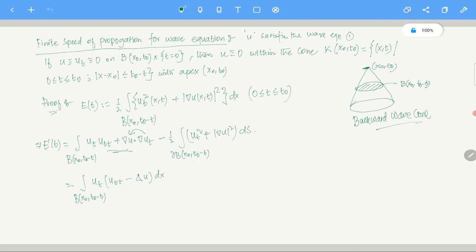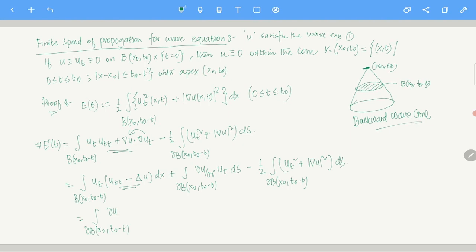So this is there. Now the boundary term: plus the integral over the boundary of B(x0, t0 - t) of (∂u/∂γ) u_t dS, minus half the integral over the boundary of B(x0, t0 - t) of (u_t squared plus gradient u squared) dS. The first part is 0 because u satisfies the wave equation.